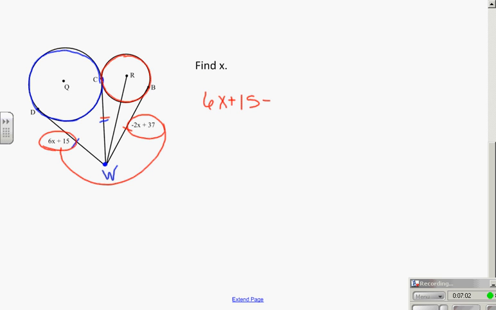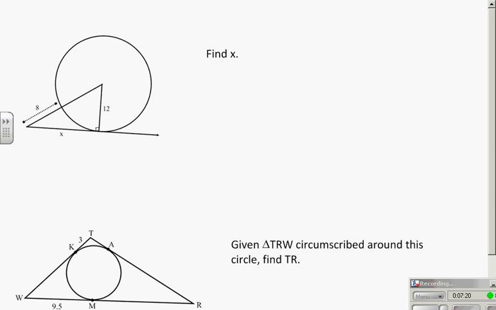And if you notice your markings, what I know now is that those two expressions are the same. And some simple algebra later, we have 8x is equal to 22, x is equal to 2.75.